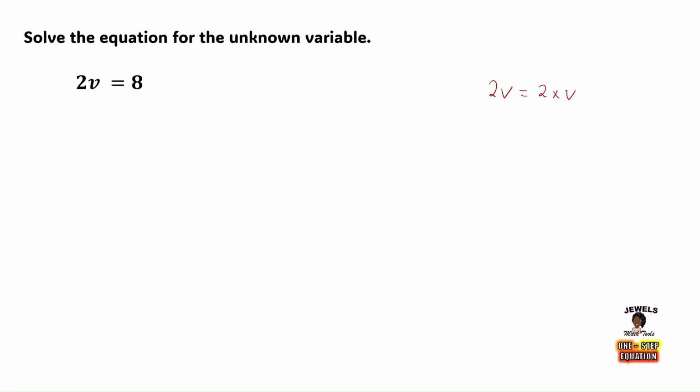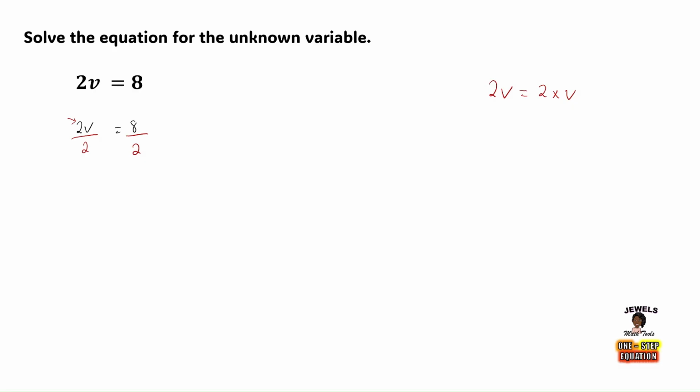So let's get started. So we have our 2v is equal to 8. And to solve this equation, remember that you're always going to be dividing by whatever number is being multiplied to our variable. So in this case, since our coefficient of 2 is being multiplied to v, both sides of our equation will be divided by the number 2.